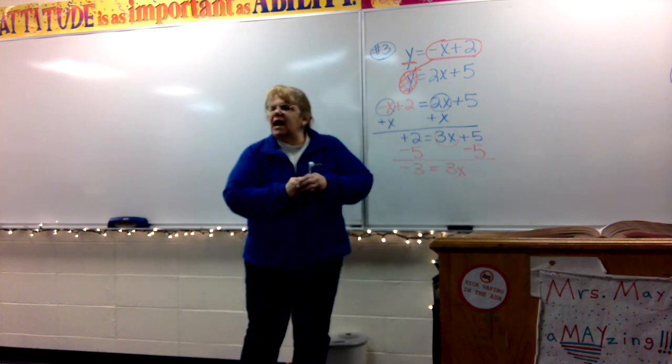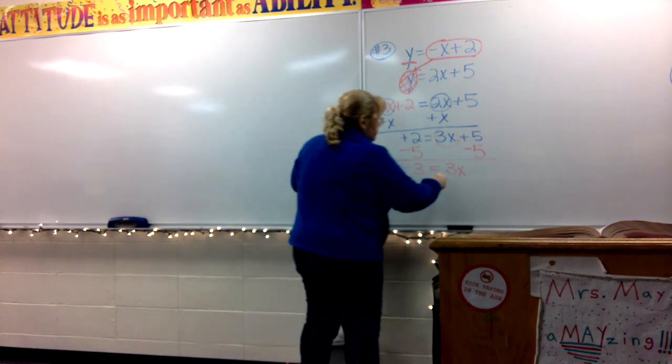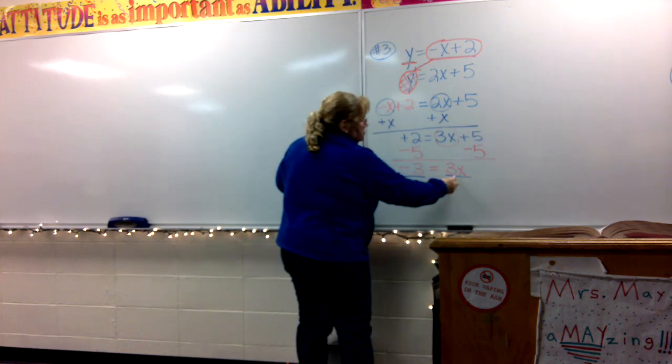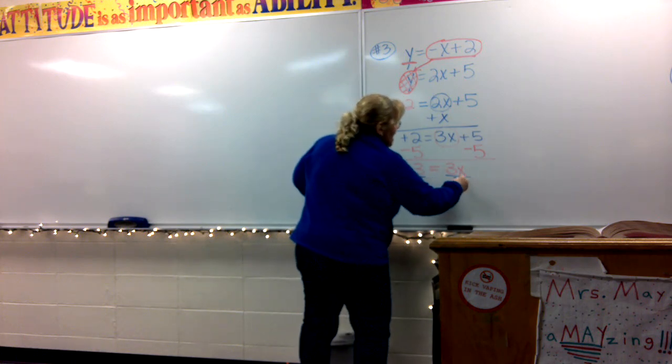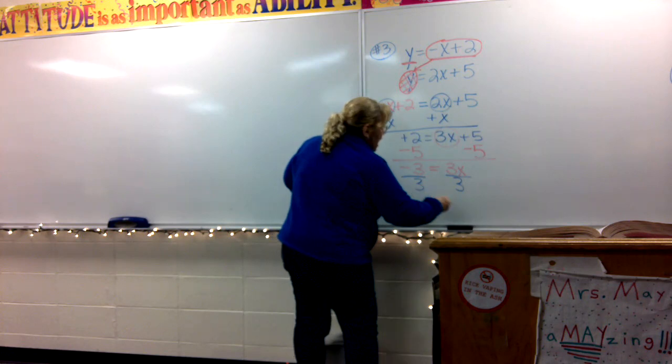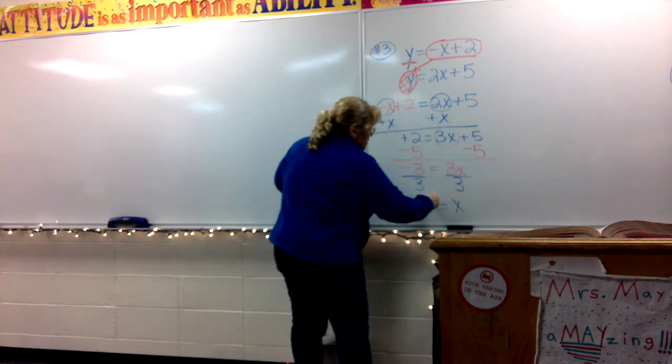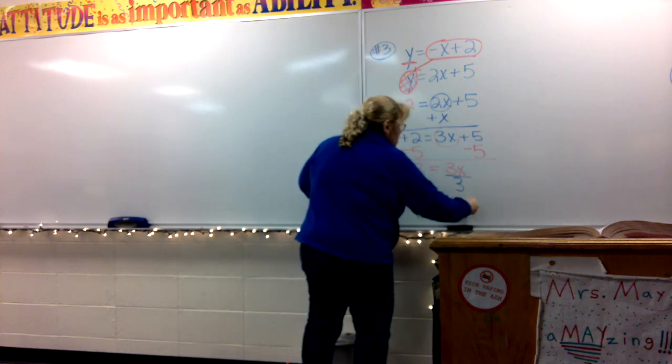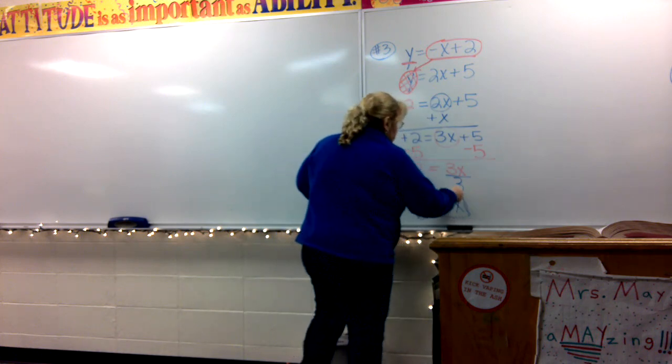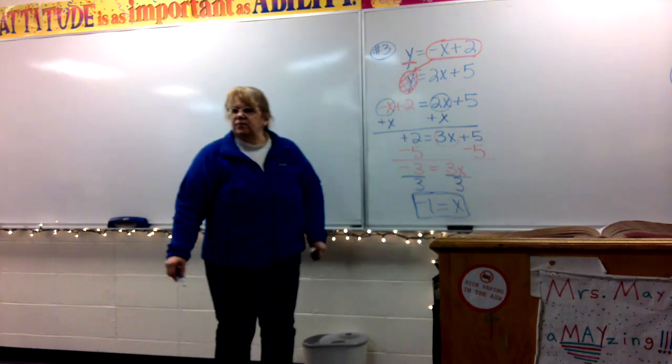How do you finish her up? Divide by what? Right, divide by 3. And what do you get? X equals negative 1. Would you look at your paper and see what you got for x for number 3?